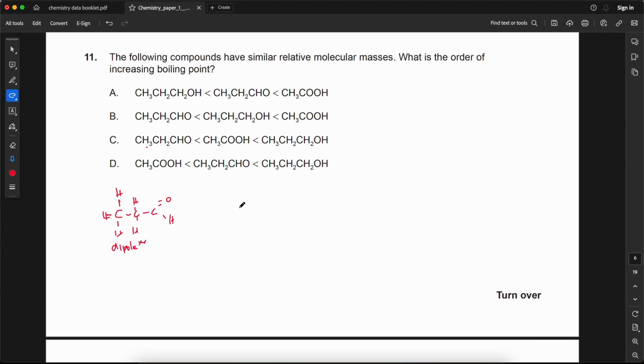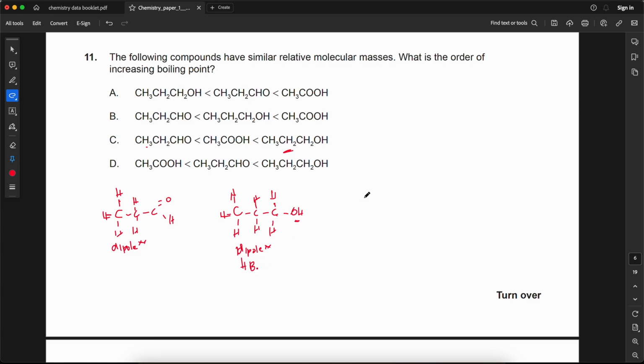And for propanol, CH3CH2CH2OH, it has a polar C-O bond, so it has dipole forces and it has hydrogen bonding as well.